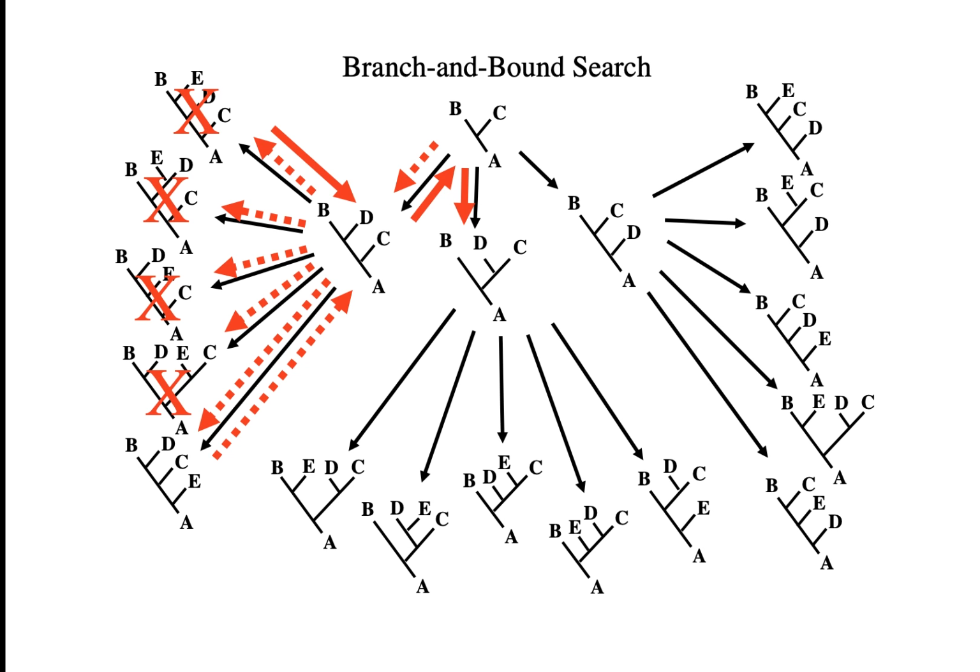Next, it proceeds back one more step and then goes down the next branch of the search tree to examine the next tree in line, and determines whether it's longer than the tree that it's holding in memory as the most parsimonious tree so far.